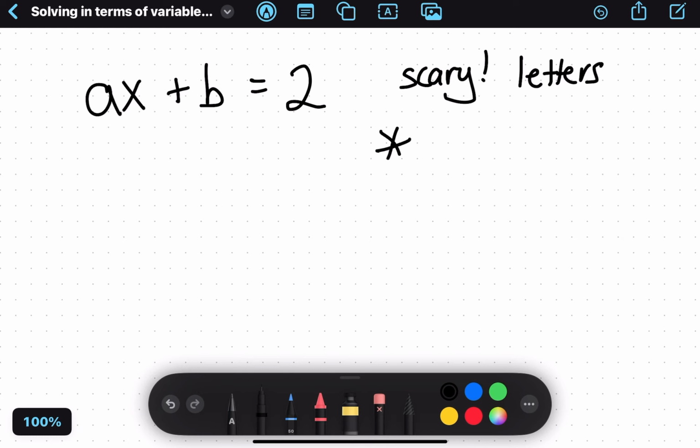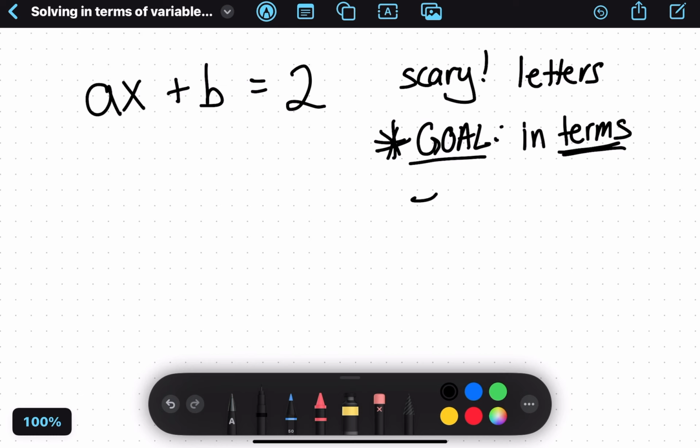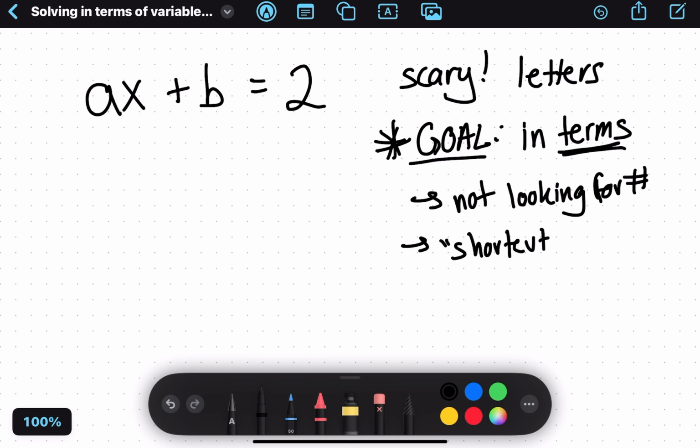So let's talk about our goal. We have to solve, like I said earlier, in terms of letters. We're not looking for a number. We're trying to find almost a shortcut to x.